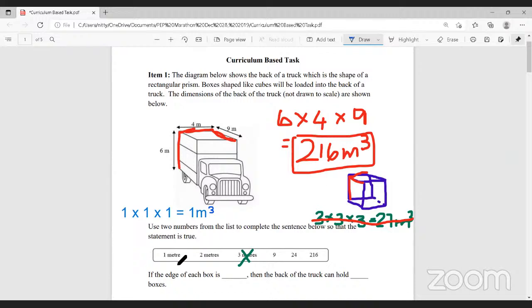Then how can we use that information to complete this sentence? Go ahead and show how it matches in this sentence here. If the edge of one box is 1 meter, then the back of the truck can hold how many boxes?